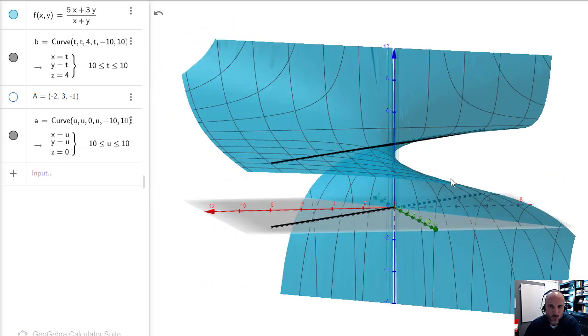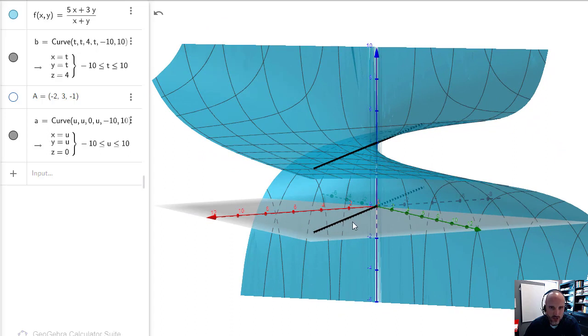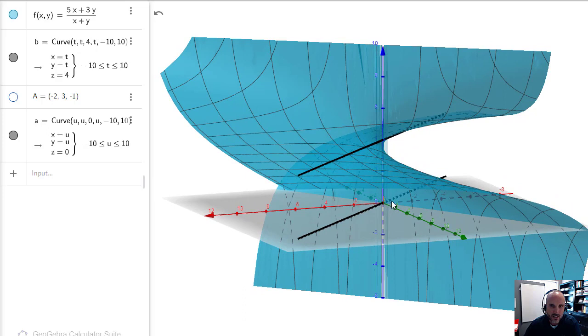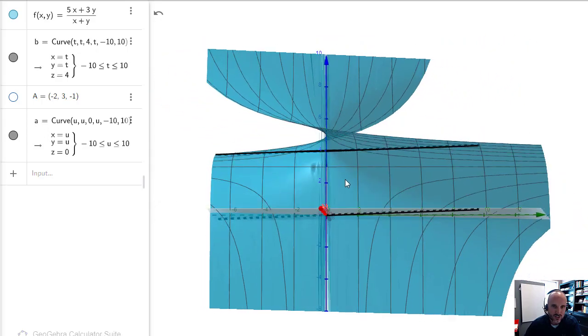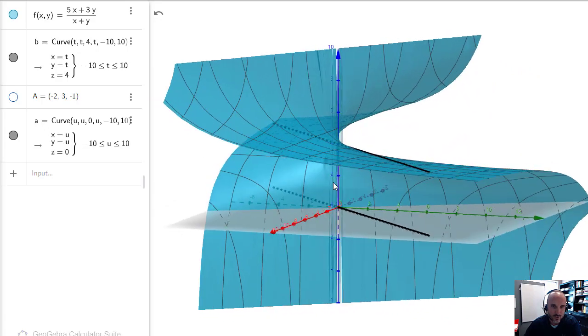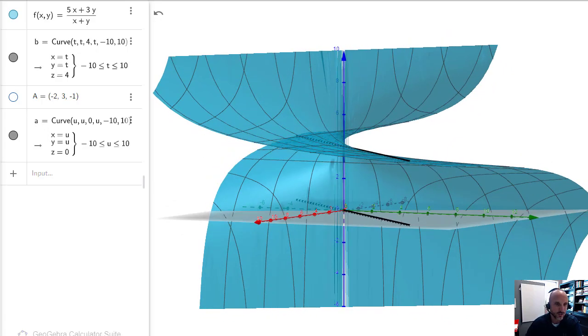So if x and y are equal to each other, like if I plug in 2 for x and 2 for y, my output's going to be 4. And that's true everywhere along this line where x and y are equal in the xy plane. They all output 4, and you can see it on the surface that we see here. Okay, so kind of interesting there.